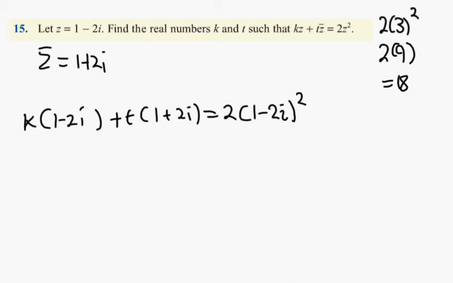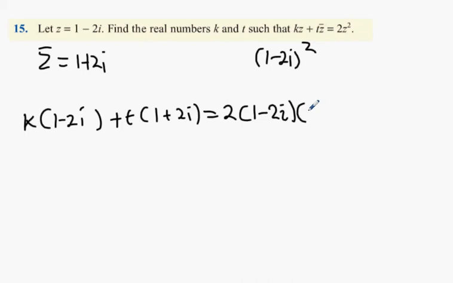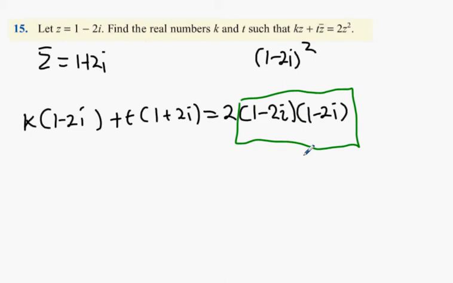So when you're doing 1 minus 2i squared, that's 1 minus 2i by 1 minus 2i. Work on this part on its own and then multiply the answer by 2. Does that make sense?